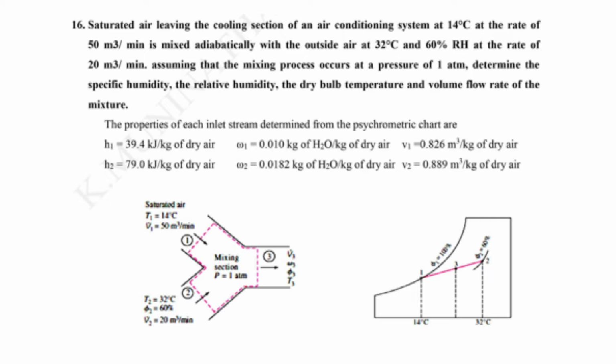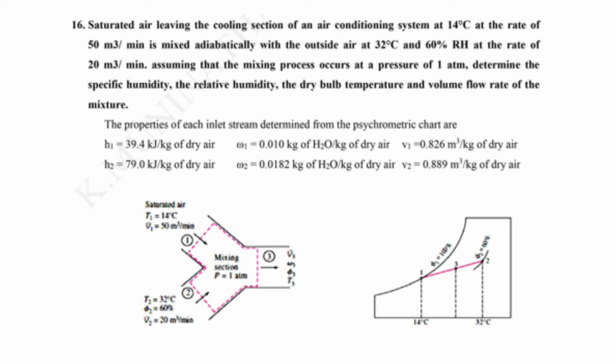According to this temperature and enthalpy value, we can find the h1, h2 values, omega 1, omega 2 values and v1, v2 values as well. In the figure on the right hand side, air streams 1 and 2 enter the mixing chamber, and then the mixture leaves at port 3.